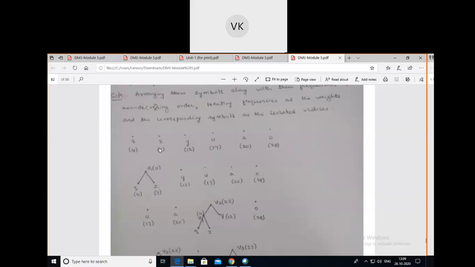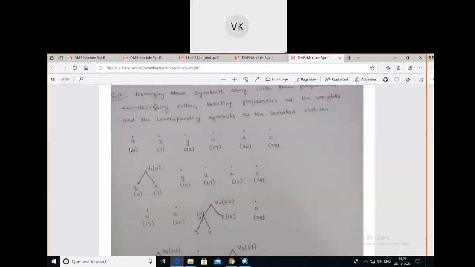Here you see 4, 7, 12, 17, 20, and 28. Among all these weights, the two least weights are 4 and 7. So 4 and 7 are the two least weights among all these.